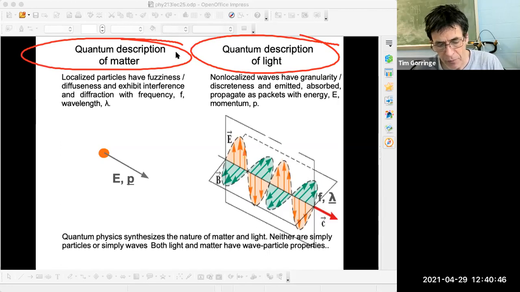So they'll show interference and diffraction properties, with some characteristic frequency, some characteristic wavelength, the F and the lambda.